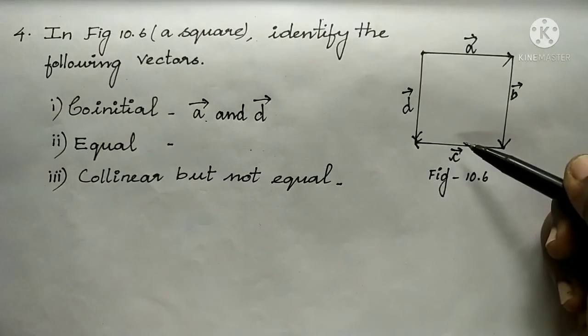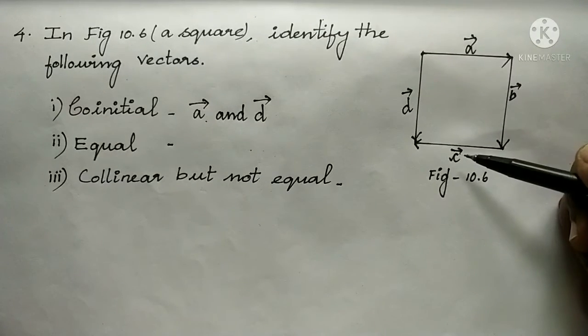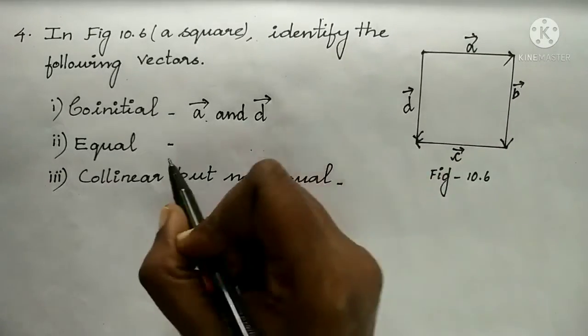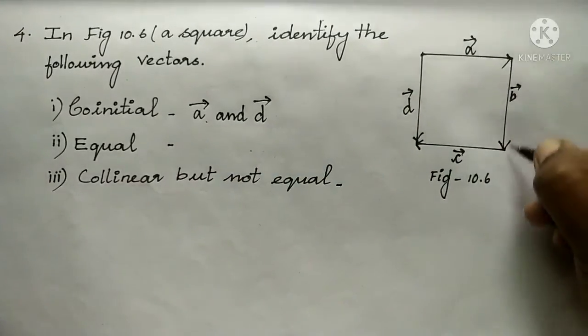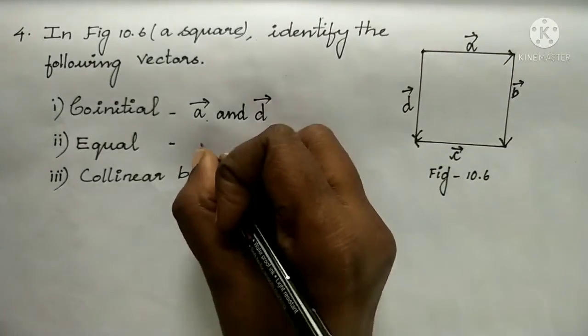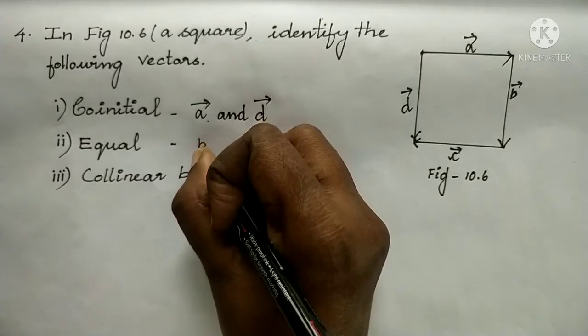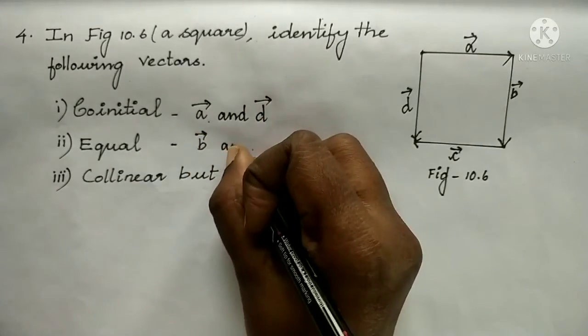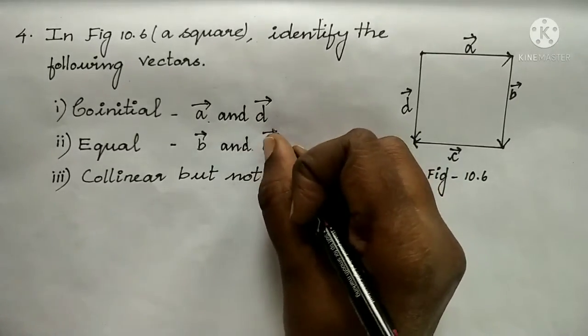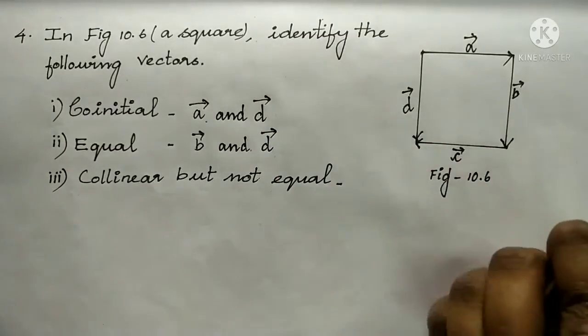So they are opposite to each other. So this will not be our equal vectors. So our B vector and D vector are equal because they are having same magnitude and they are in the same direction. So we will write vector B and vector D as equal vectors from this figure.